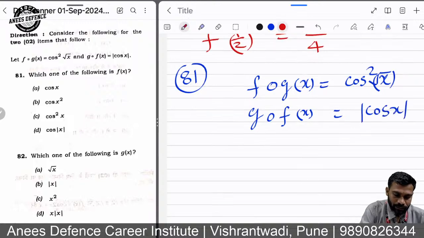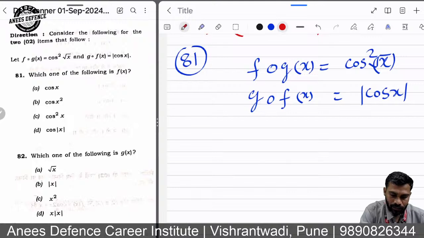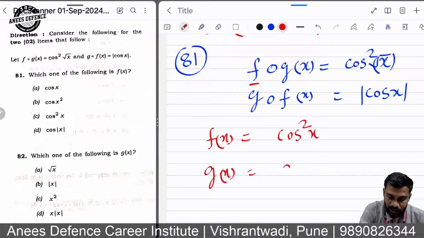So we can see clearly here, the main function is f, right? So f should be, of course, cos square or something. So what I can assume here, f of x, if I consider cos square x, right? And g of x, we can consider root x, right? So f of g is, of course, cos square root x, and g of f will be square root of cos square x, that will be mod cos x.